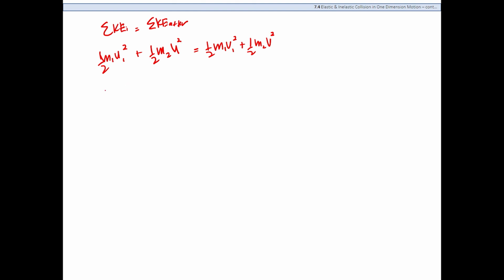We can substitute the information: half times 2 times 10 squared, plus half times 3 times 0 squared, equals half times 2 v1 squared plus half times 3 v2 squared. All terms have a half, so you can cancel it out.